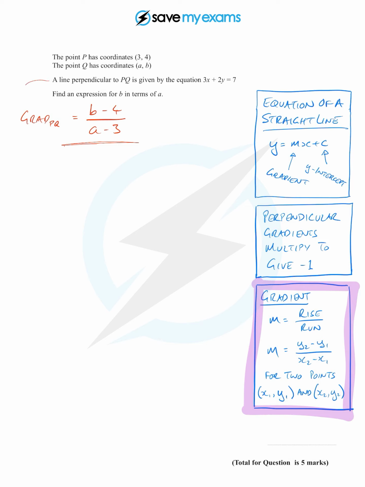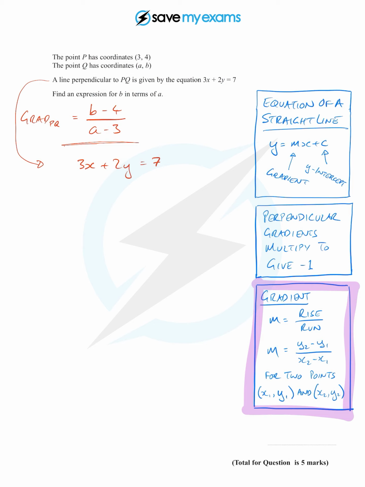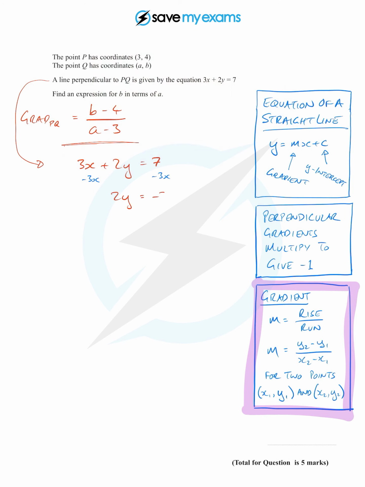Let's use the information we're given here and rearrange the equation of this line to find its gradient. What am I going to rearrange it into? As I pointed out earlier, we're going to use y equals mx plus c, because as soon as we've got it in that form, we can just read off the gradient. It's the number in front of the x. So let's subtract 3x from both sides, and that gives me 2y equals minus 3x plus 7.